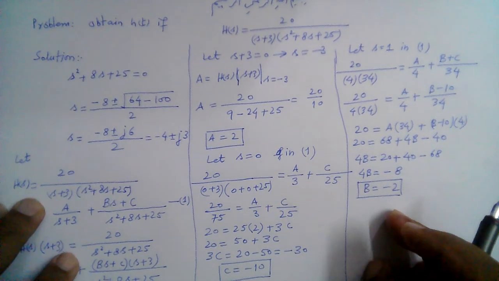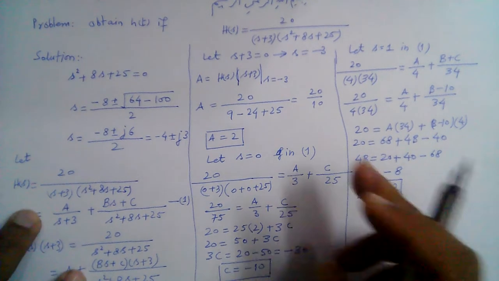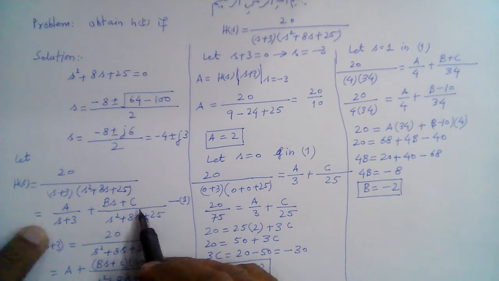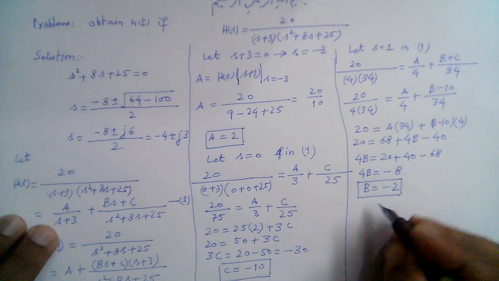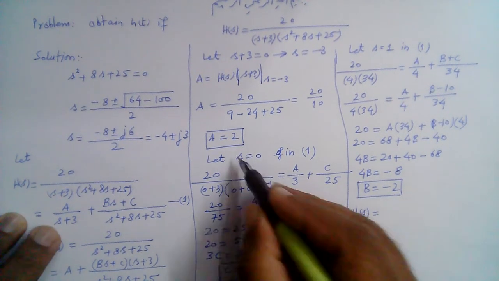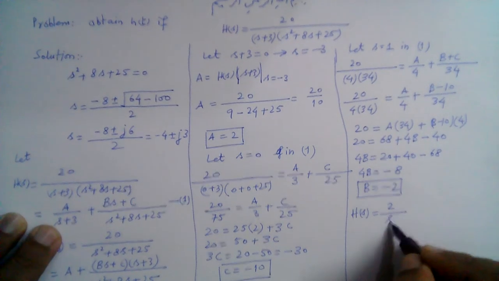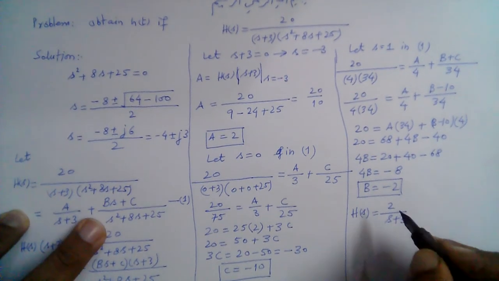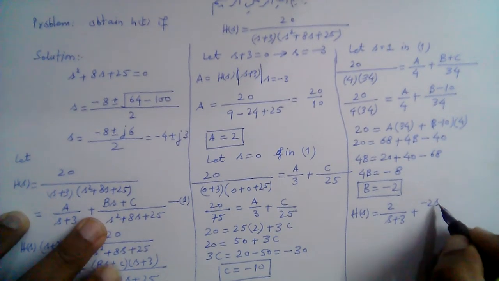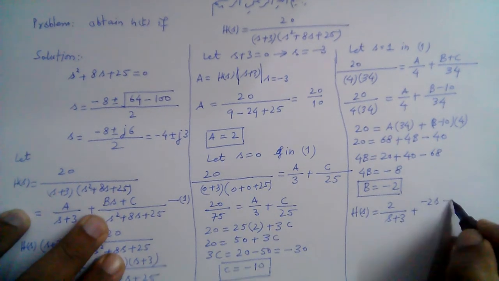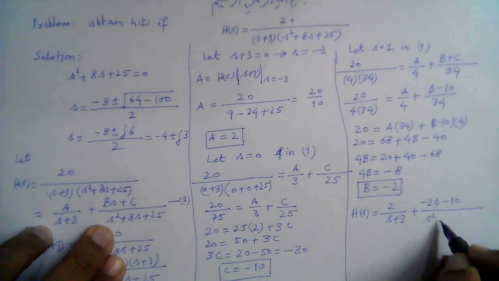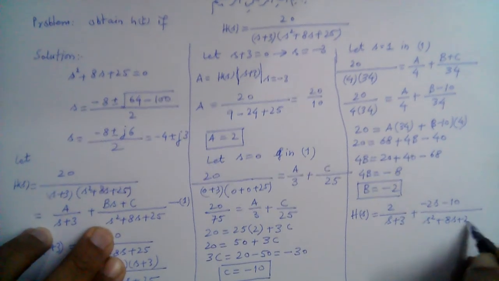So we can now write down this transform in expanded form by substituting the values A, B, C here, right? So H of s becomes, the value of A was 2, so 2 over s plus 3, and the value of B is minus 2, so minus 2s, and C is minus 10 over s square plus 8s plus 25.